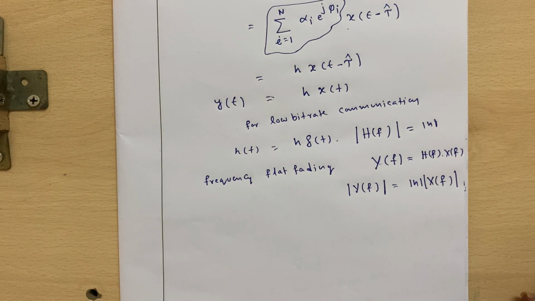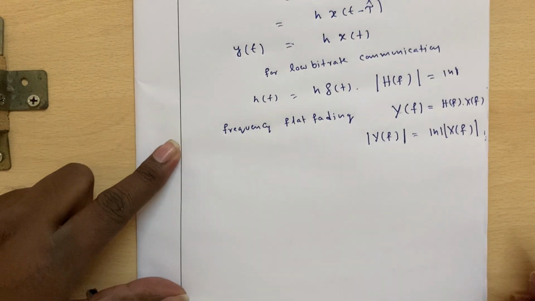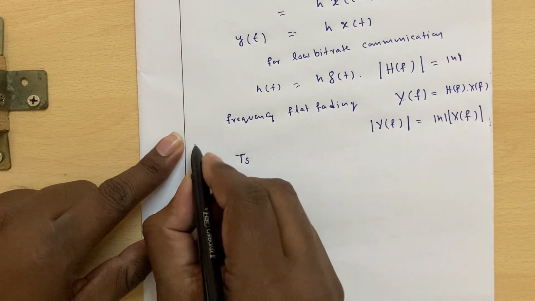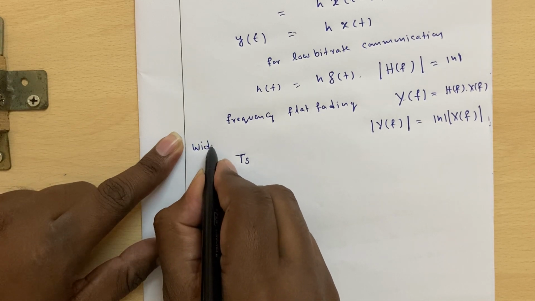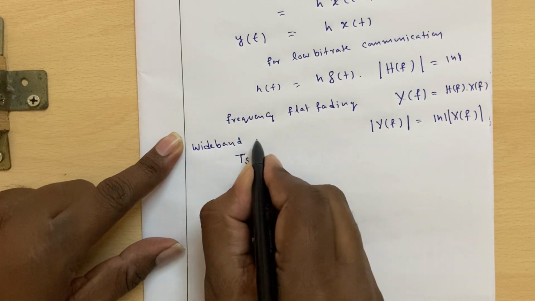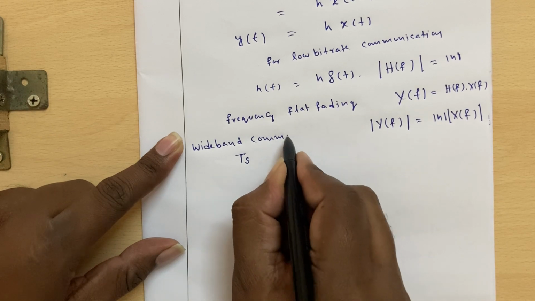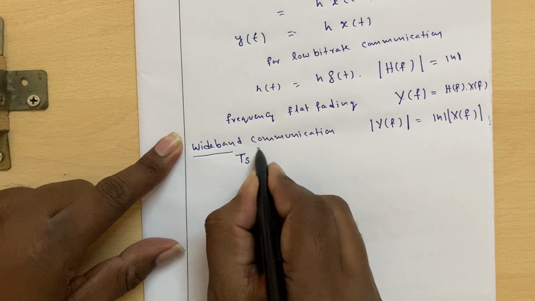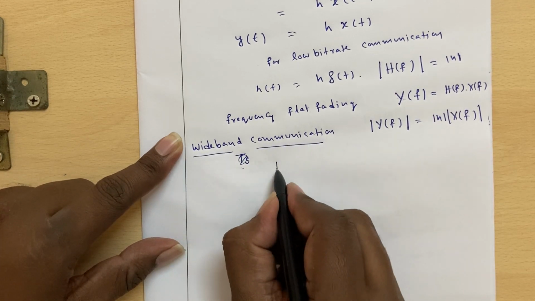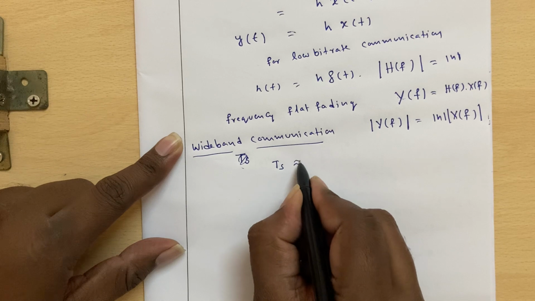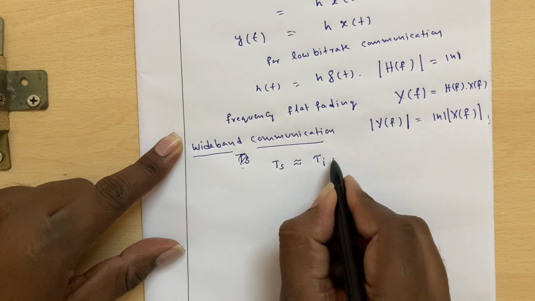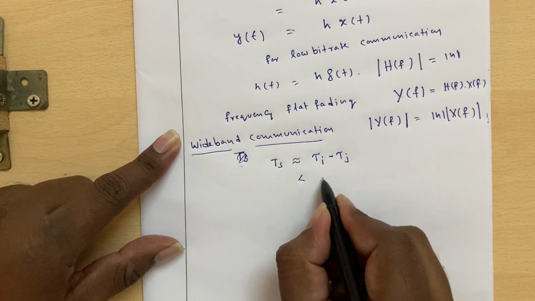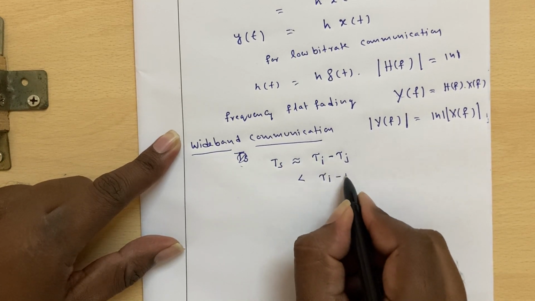But when you go for wideband communication, the symbol duration Ts may be comparable with the difference between the propagation delays, or it can also be less than the difference between propagation delays.